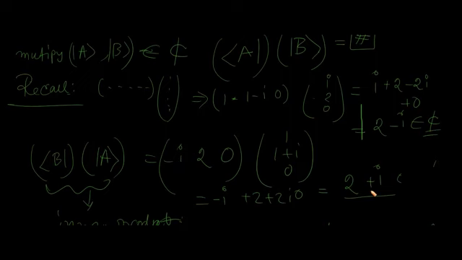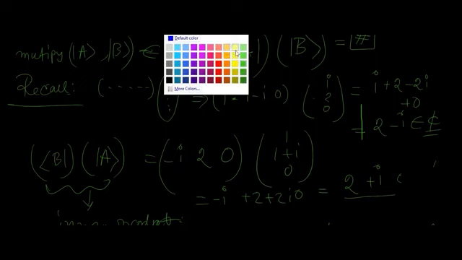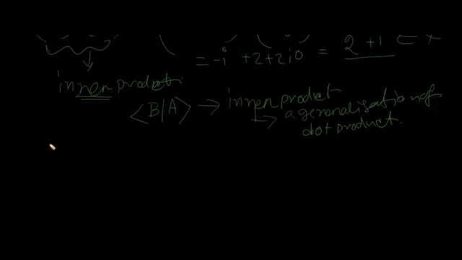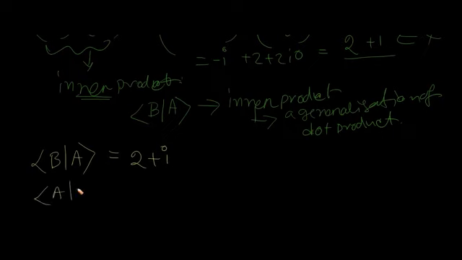You can see that when we evaluated the inner product of the bra of B and the ket of A, we got 2 plus i. And when we did the bra of A and the ket of B, we got 2 minus i.